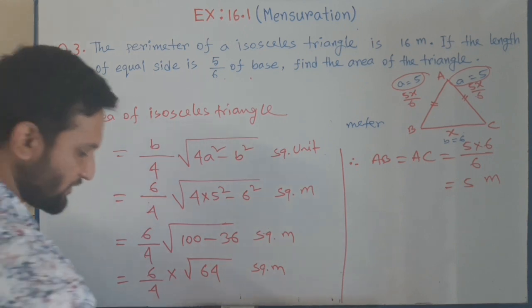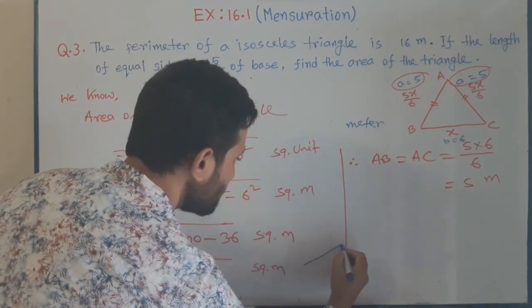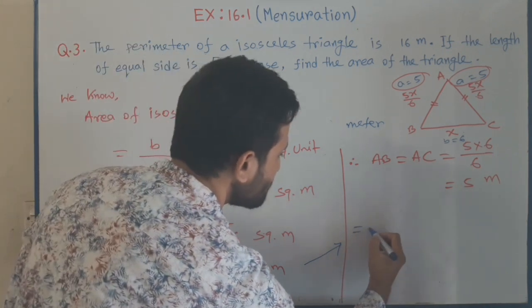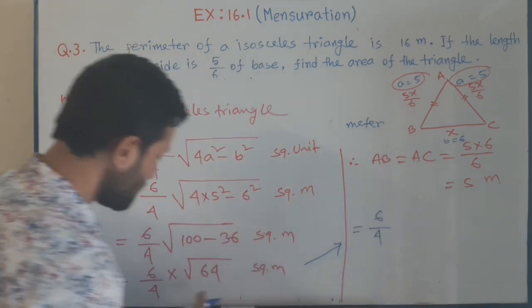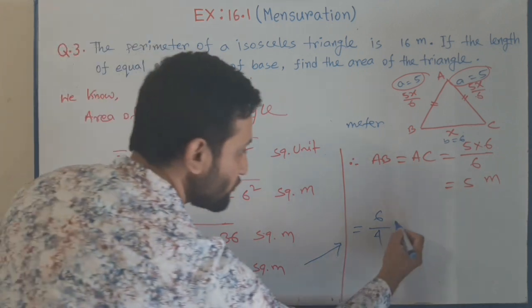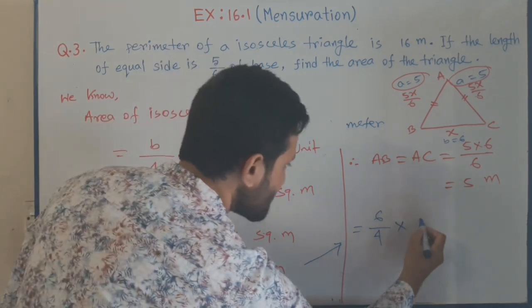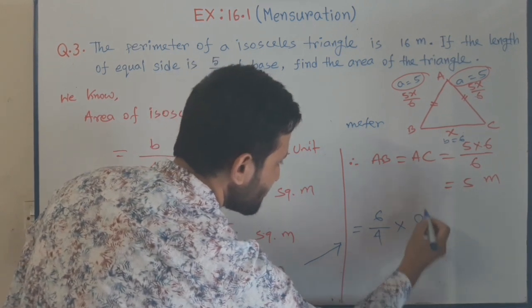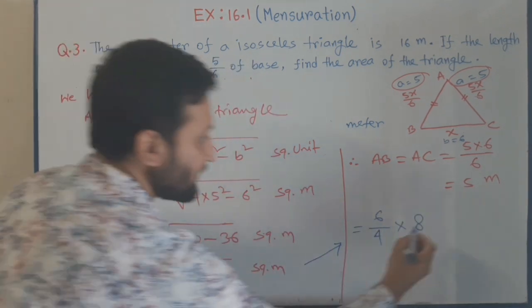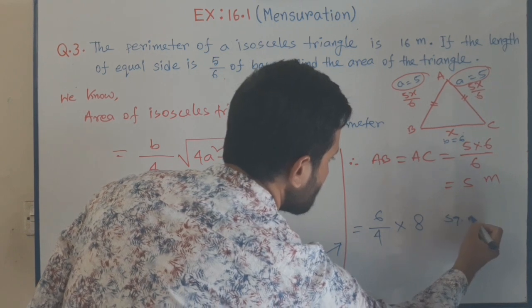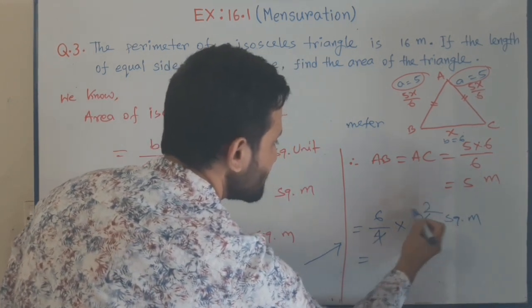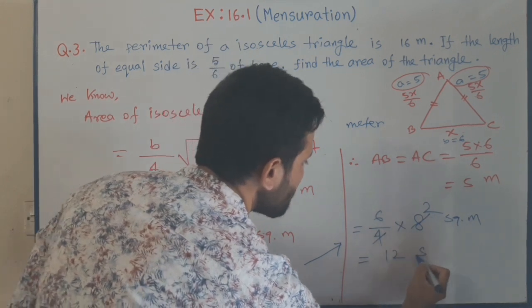Now next, 6 by 4 into root 64. Root 64 is 8, since 8 eights are 64. So 6 by 4 into 8, 4 twos are 8, so 6 into 2 equals 12 square meter.